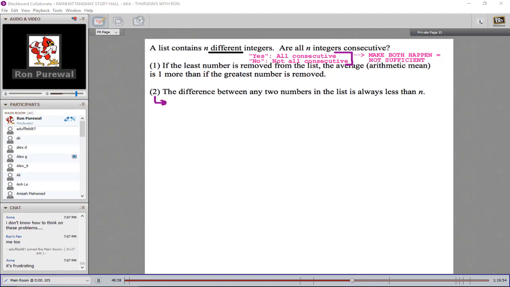Let's say that n is 3. We can start by looking at simple cases. It's a good guideline in general for when you have something like this and you're not really sure how to investigate it. The best way to investigate these kinds of things is usually to look at simple cases. Let's look at 3 integers.